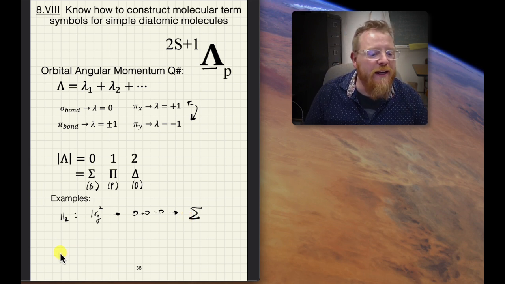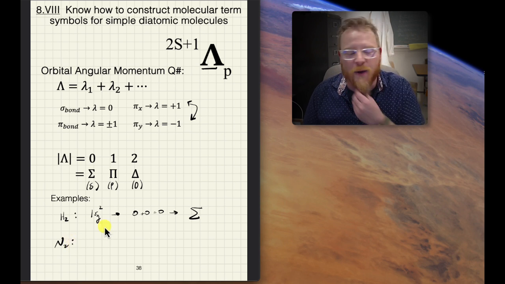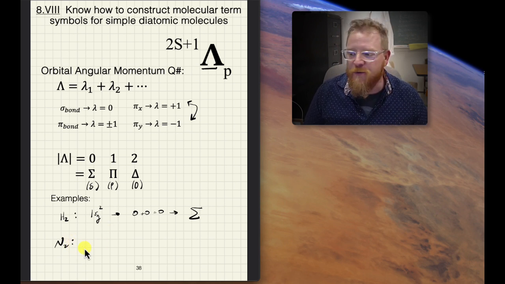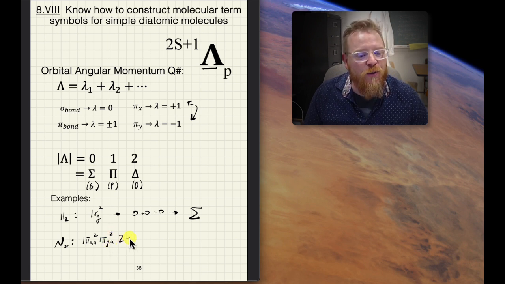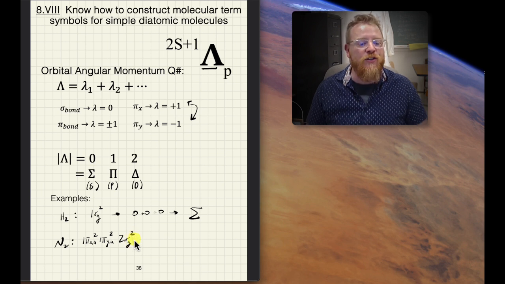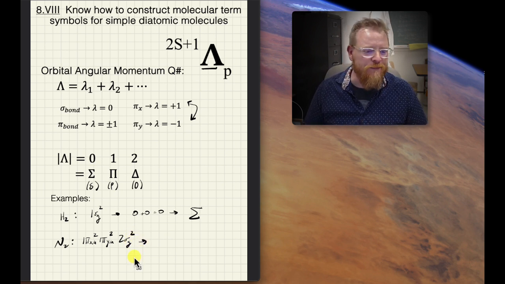So similarly, if I look at the electron configuration of nitrogen, I'll just go ahead and note that in the valence shell, it is 1 pi x u 2, 1 pi y u 2, and 2 sigma g 2. So we have 6 electrons to consider there.